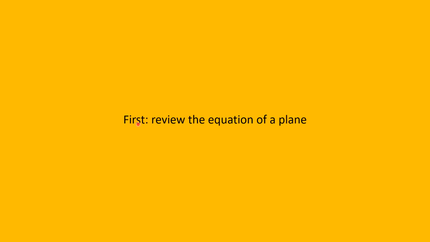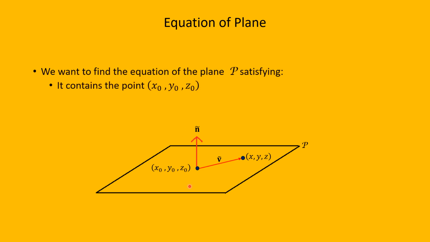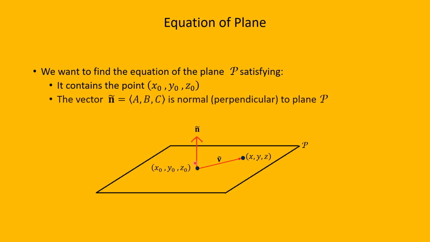So first, let's review equations of a plane. Let's suppose that we have a plane P, and it satisfies the following. It contains the point x0, y0, z0 with those coordinates, and we have a vector n which has coordinates a, b, c, which is normal, which means perpendicular to that plane P. So how do we find the equation of this plane?